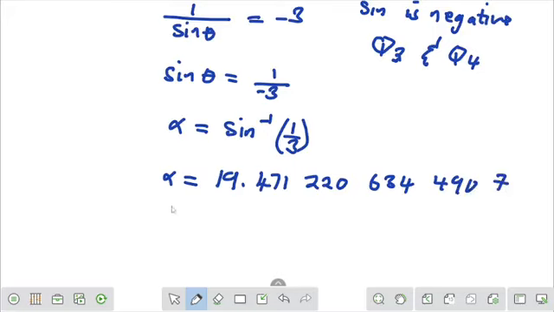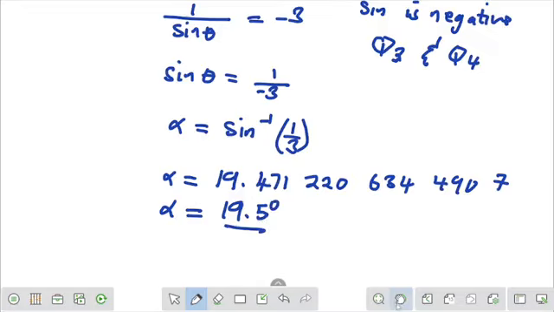So we can leave our answer correct to 1 decimal place. So alpha is equal to 19.5 degrees. This is just for the alpha that you have found.